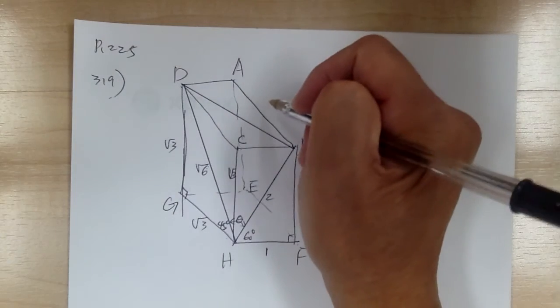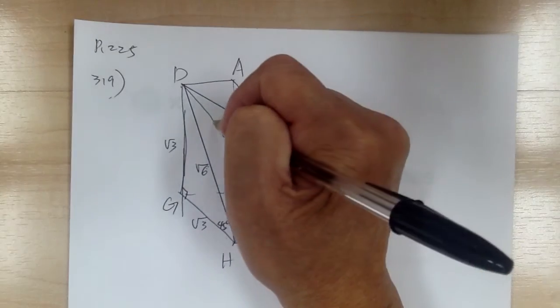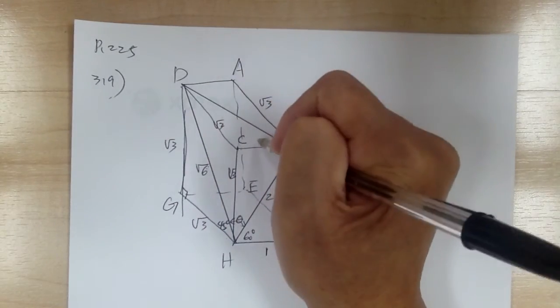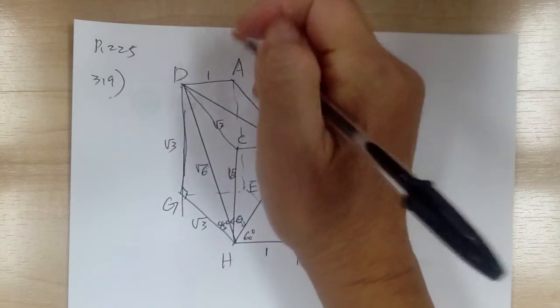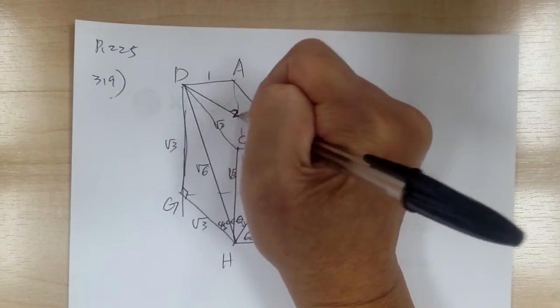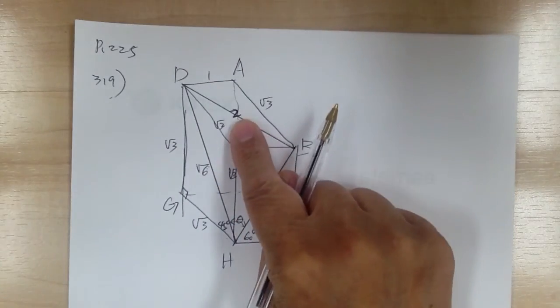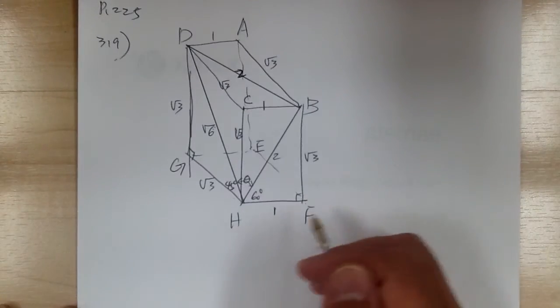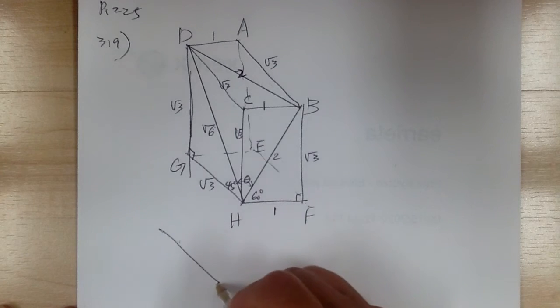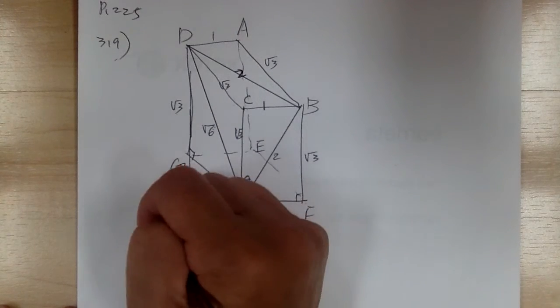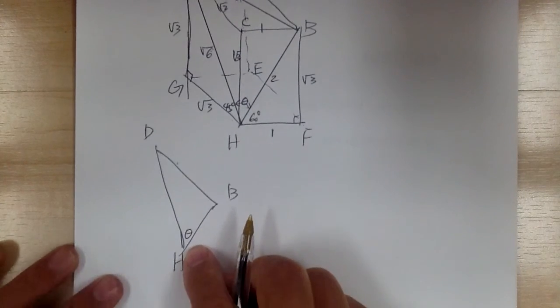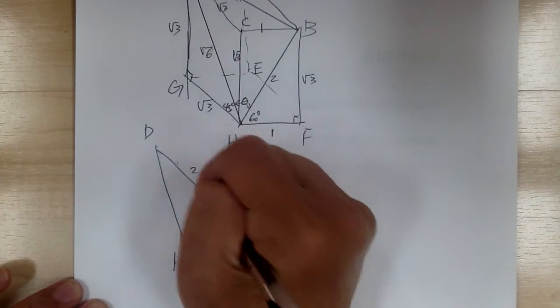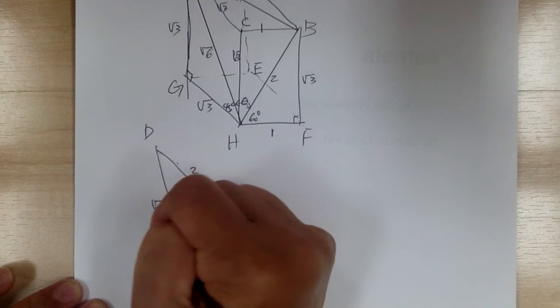And also, this would be square root of 3, square root of 3. This would be 1, it would be 1, and so this diagonal would be 2. Again, this is your 30-60 special triangle. So now if you look at the triangle DBH, and you're looking for theta right over here, you notice that this is a 2, this is a 2, and this is square root of 6.